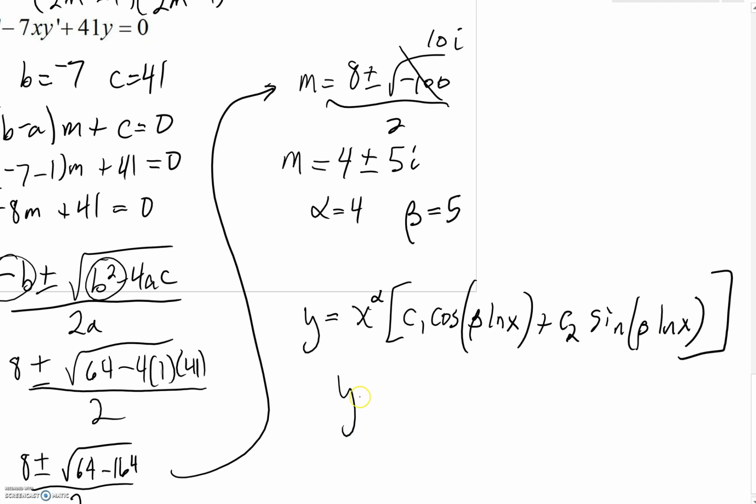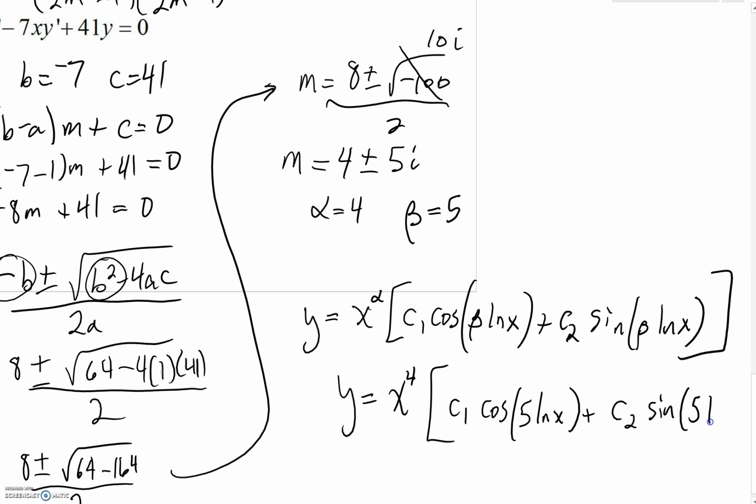And guys, you can see we're virtually done. We'll have x to the 4th times c1 cosine of 5 ln of x plus c2 sine of 5 ln of x. And that wraps up day 1 of the Cauchy-Euler differential equation, the homogeneous form.